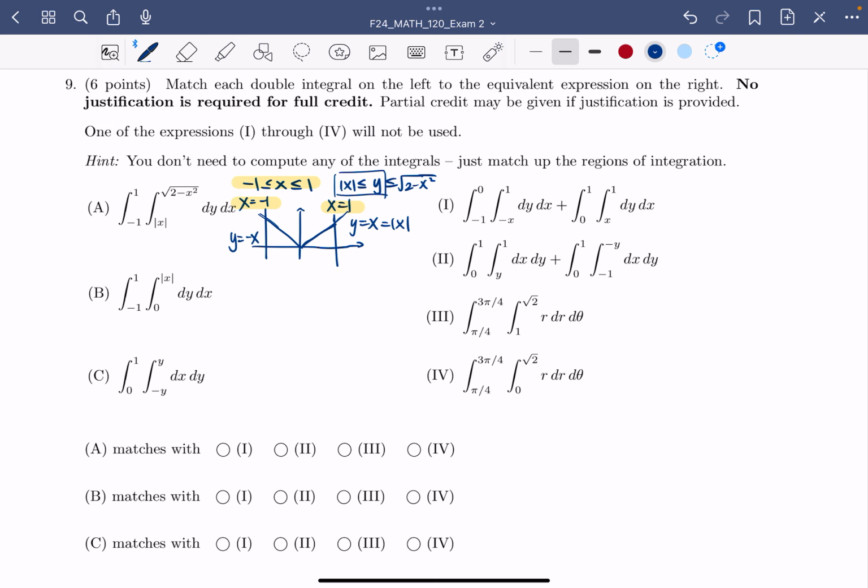And for the other bound, it's a half circle, because x squared plus y squared equals 2.